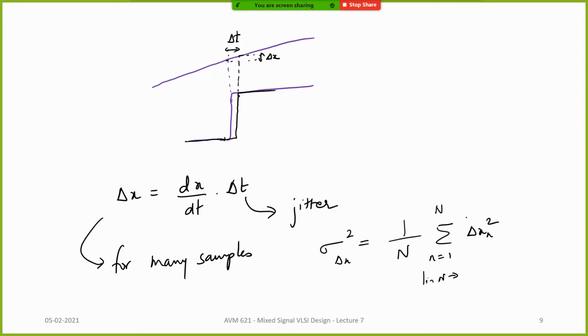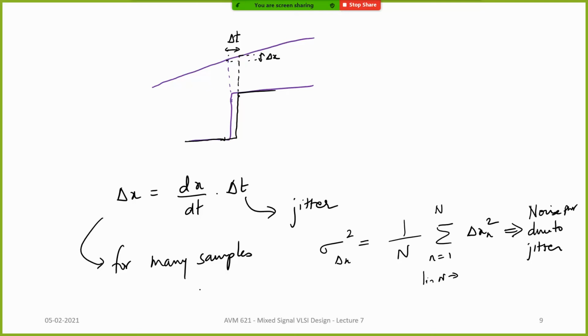This is going to be your noise power due to jitter. Now that we computed the noise, this will definitely affect your SNR.